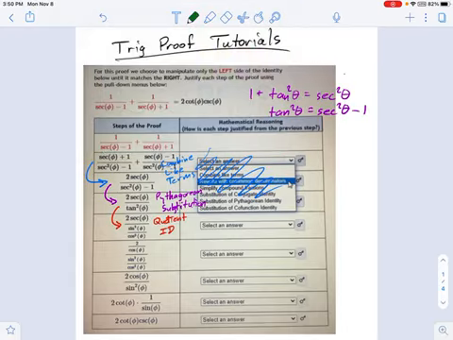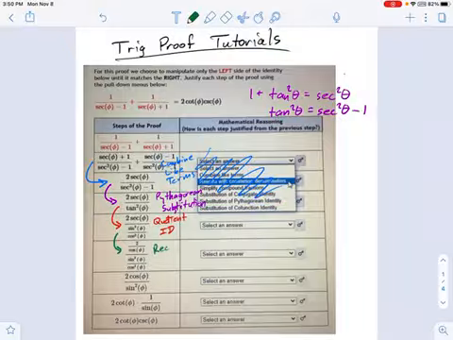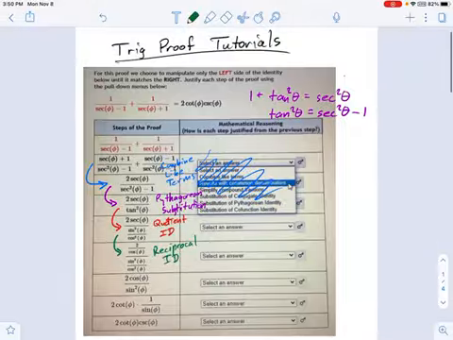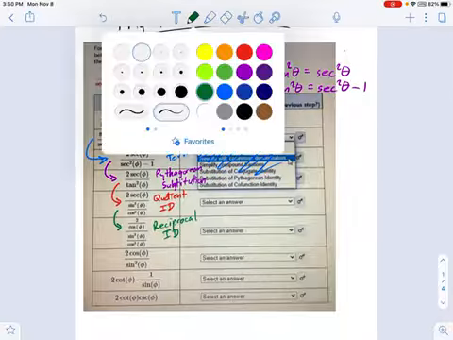What's next? Let's do green. Next step. How do I get to this step? Looks like I'm replacing secant with 1 over cosine. That is a reciprocal identity. And now this fraction is completely intolerable at this point. It's a double-decker bus going on here, so I want to simplify that.